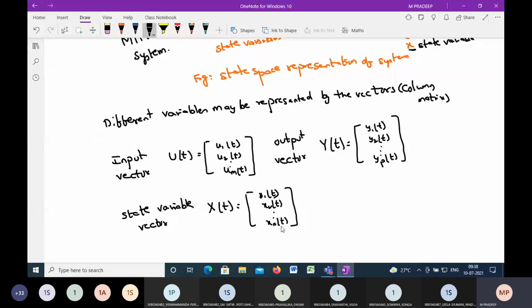So in the state-based representation, if we represent them as vectors in column matrices, the input vector is u of t, the output vector is y of t, and the state variable vector is x of t.